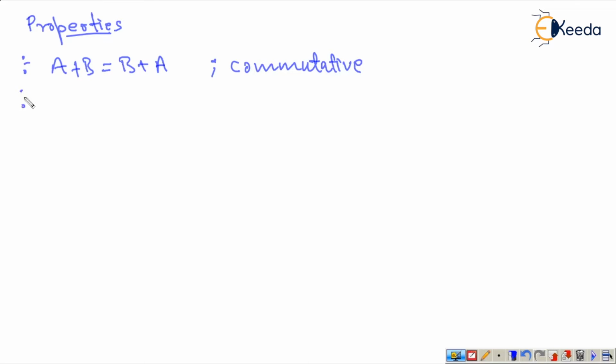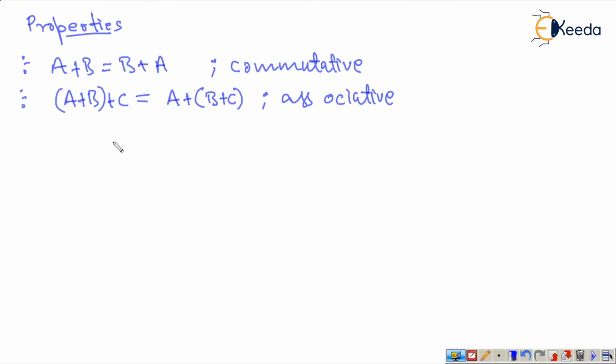Then A plus B plus C is same as A plus B plus C, grouped either way. So it is associative. A plus null will give you A. We have already discussed additive identity.